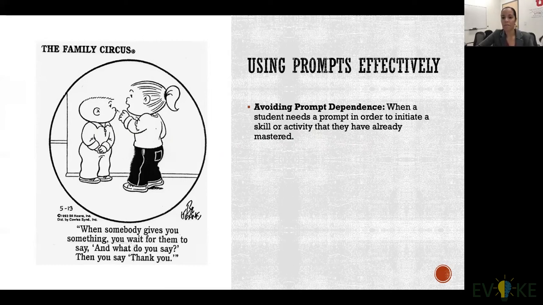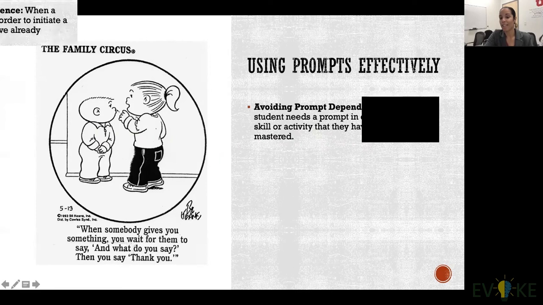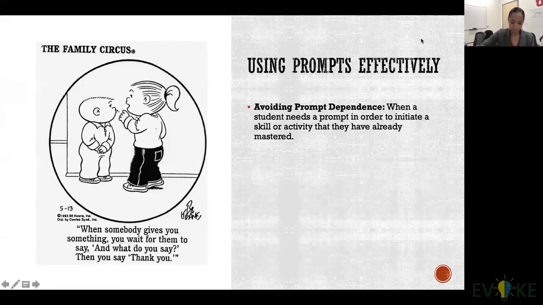So prompt dependency pretty much is when students need a prompt in order to initiate a skill or activity that they have already mastered. Usually this happens when there are too many prompts in place and the child becomes dependent upon those prompts.